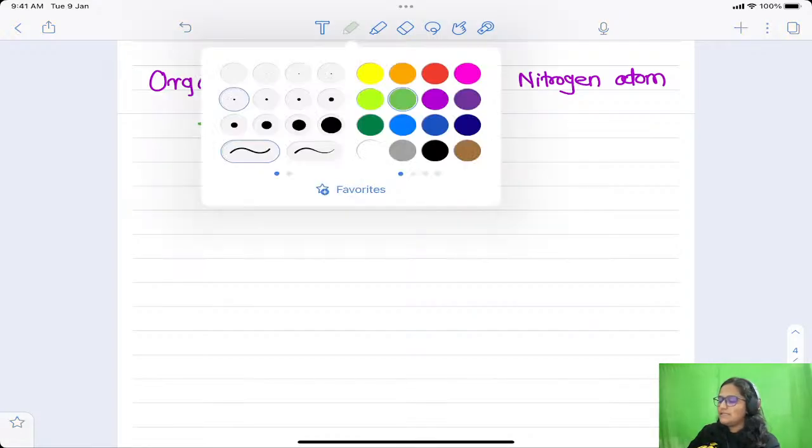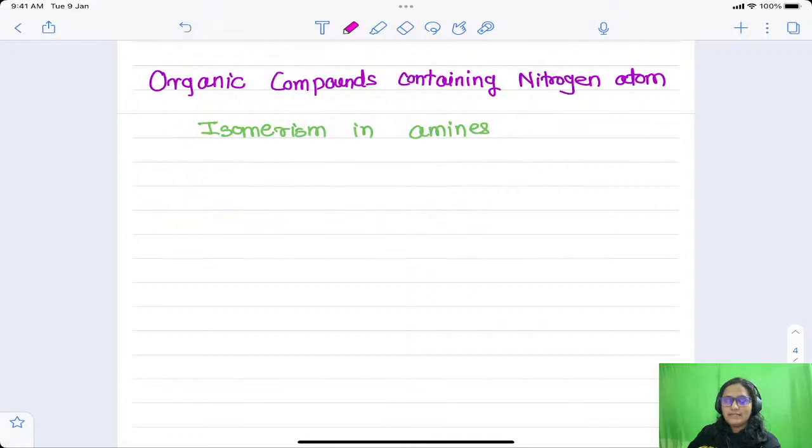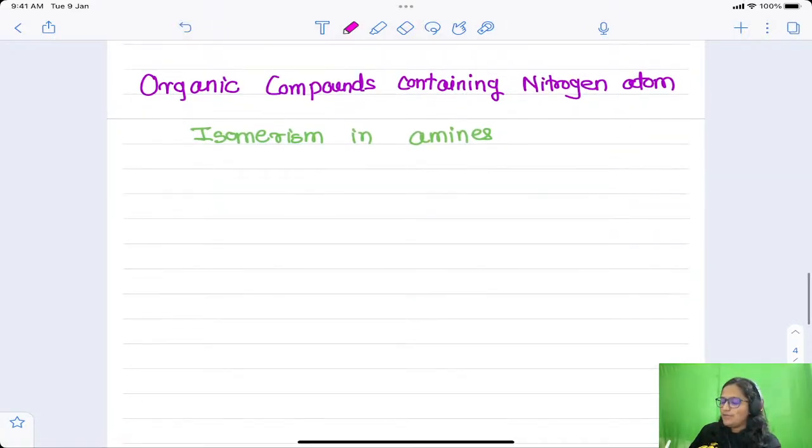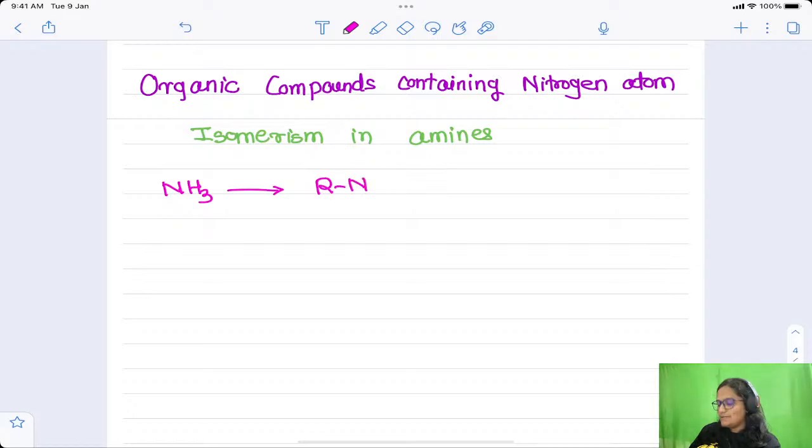First of all, what are amines? That I will tell you. Amines are those compounds which are obtained from ammonia by replacing either one, two, or all hydrogens attached to the nitrogen. For example, if one hydrogen is replaced, we get RNH2.